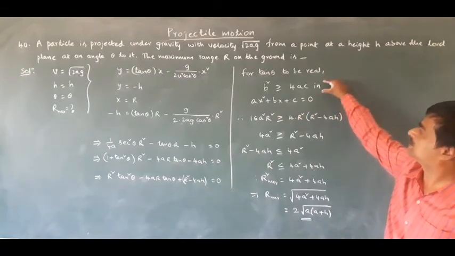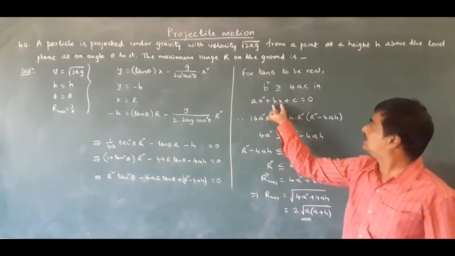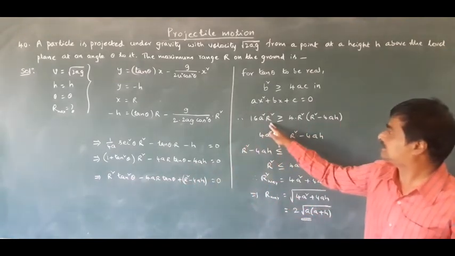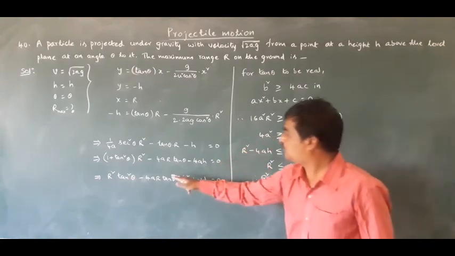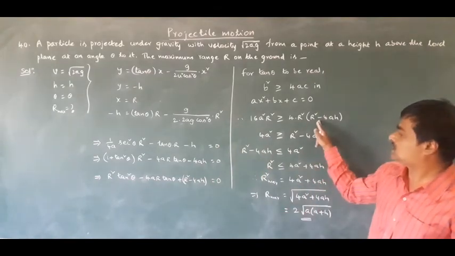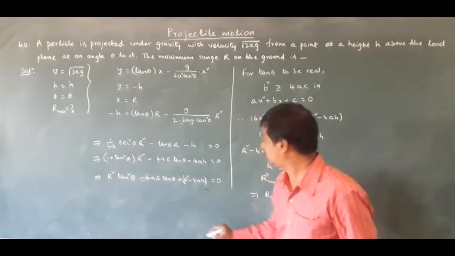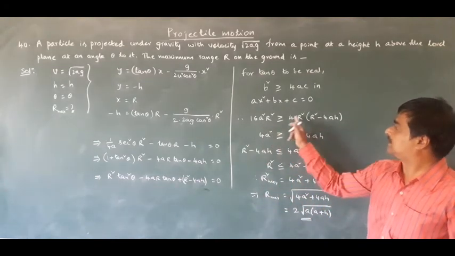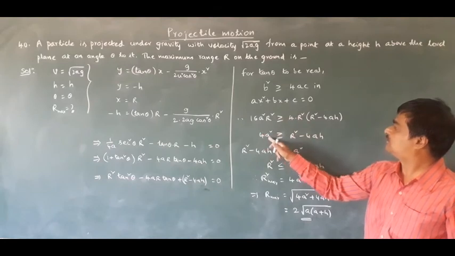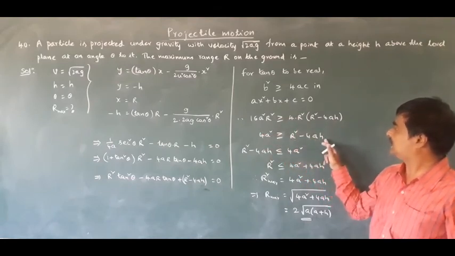For this equation, b square is 16 a square r square, which should be greater than or equal to 4 into r square into c, that is r square minus 4ah. Then the 4 cancels and r square gets cancelled: 4a square is greater than or equal to r square minus 4ah.